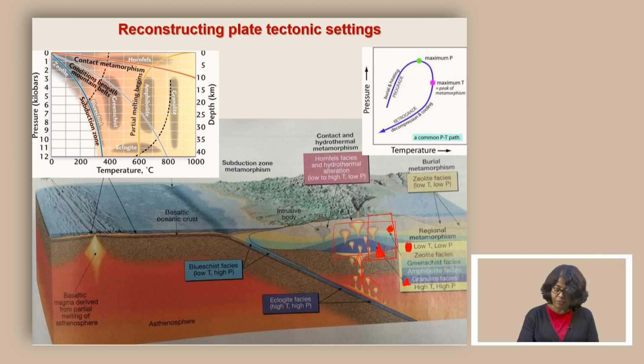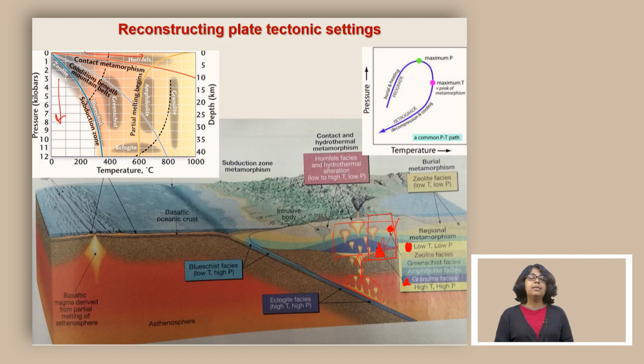So, we can actually have a variation in metamorphic facies as we increase the temperature and pressure, and that is what is captured in this particular plot, because as you increase the pressure and the temperature, you can predict what kind of metamorphic facies you are going to encounter as you move along.